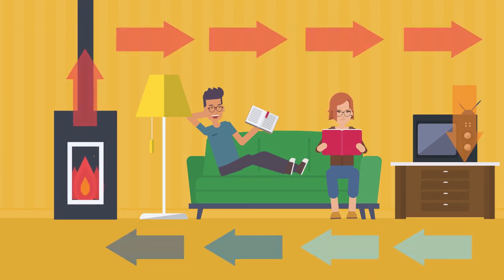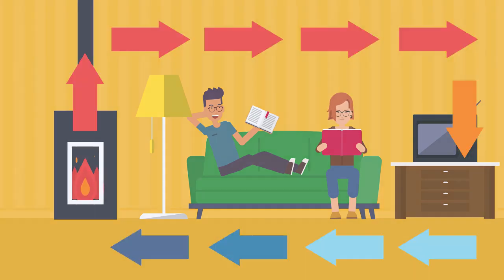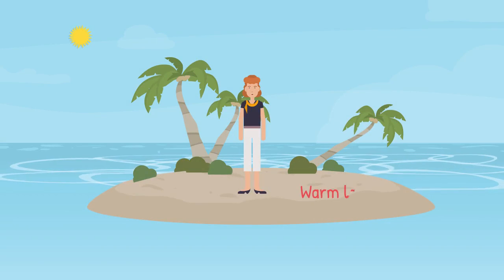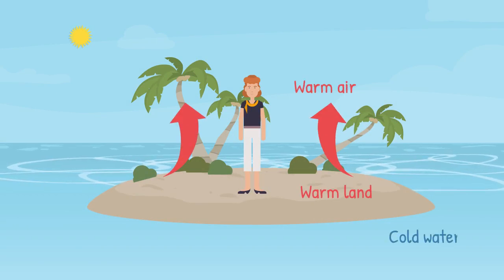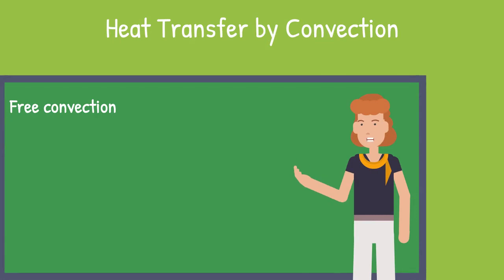The cooler surrounding fluid moves to replace it, forming a convection current. This phenomenon is responsible for convective currents in nature. Free convection also produces thermal winds at the seaside. However, free convection is also a slow phenomenon.